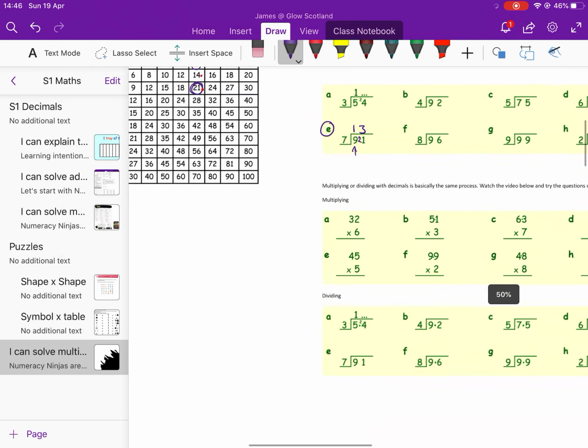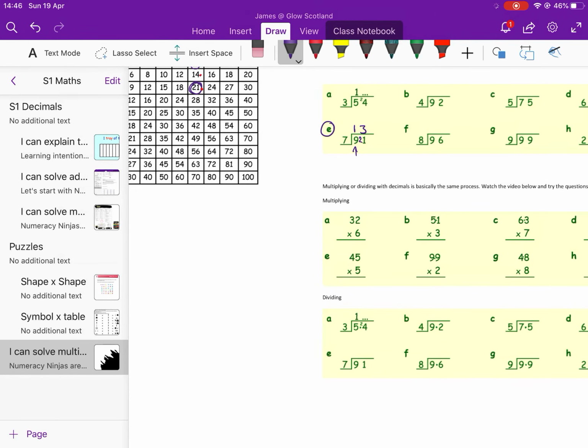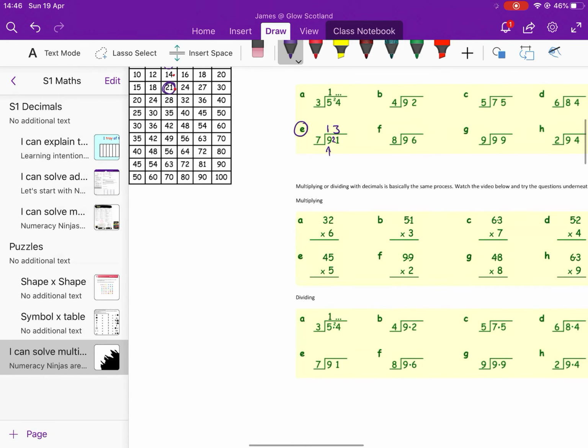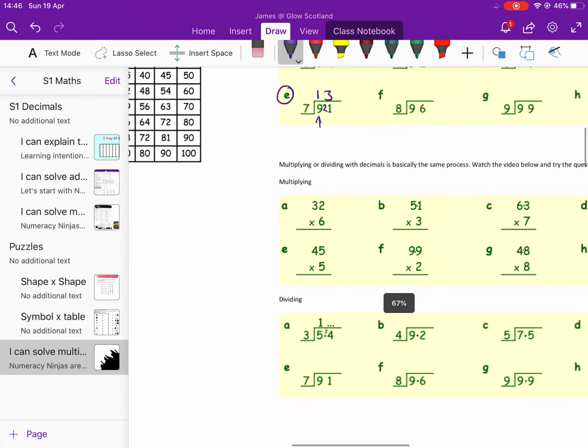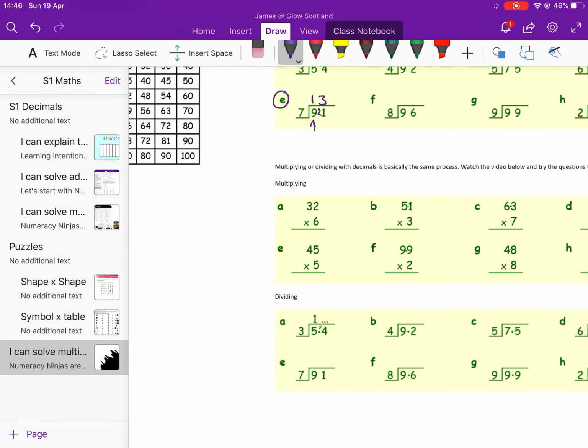I've also put in a few decimal questions underneath here because I want you to try some of these ones with the decimals as well, so don't be put off just because it doesn't have a decimal point in them. So if we have a look at E again, I've just put a point in the question.